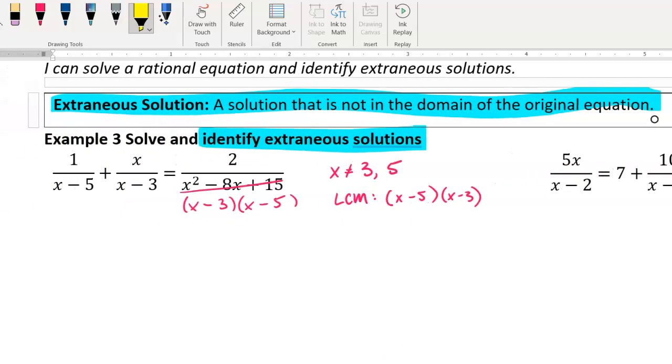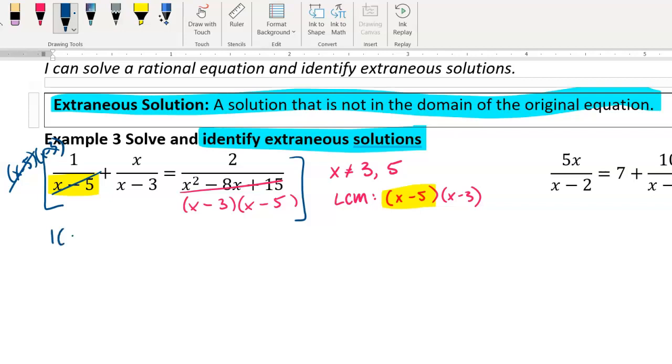If you look at that first fraction, it has x minus 5. What we're going to do is multiply everything by the LCM. We're going to multiply everything times x minus 5 times x minus 3. Well, in that first fraction, the x minus 5 and the x minus 5 would cancel out, leaving us with 1 times x minus 3.